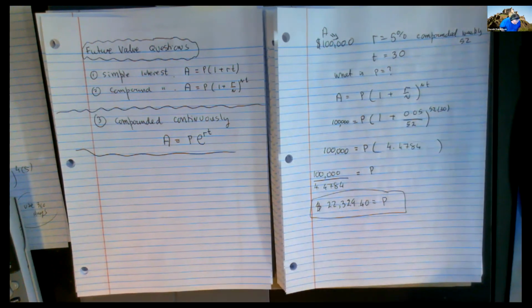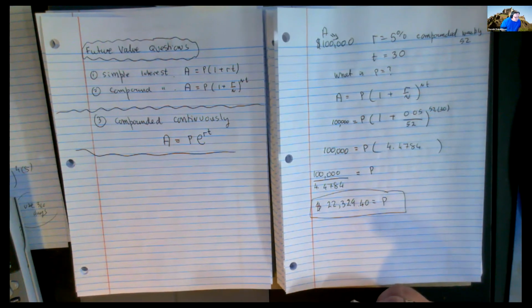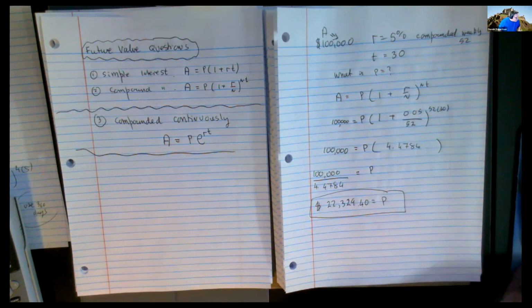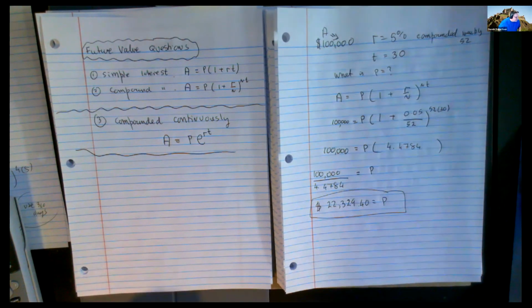I also noticed that in at least one question, did you know that a year only has 360 days? It doesn't, but in at least one of their questions, they made it 360. Now, I don't know if that was a typo or whatever, but if they told me it was 360, I just used their number and that was fine, right?